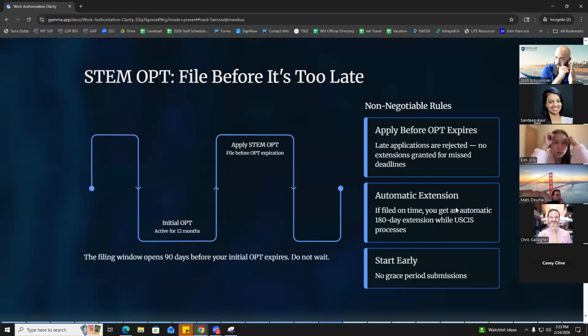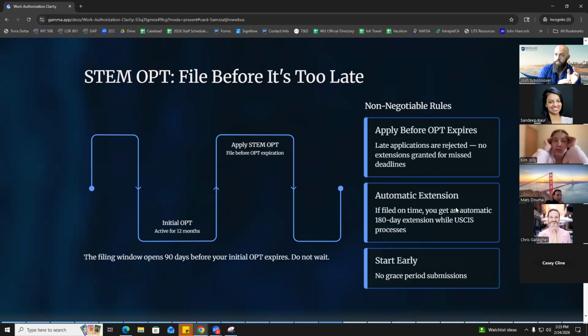So that part is similar. But for the STEM extension, you actually are required to submit while your OPT is still active, not in the grace period. You cannot apply for the STEM OPT extension after the end date of your EAD. So, whereas for OPT you effectively had 150 days to apply, for the STEM OPT extension you only have 90 days to apply. That's the bad news.